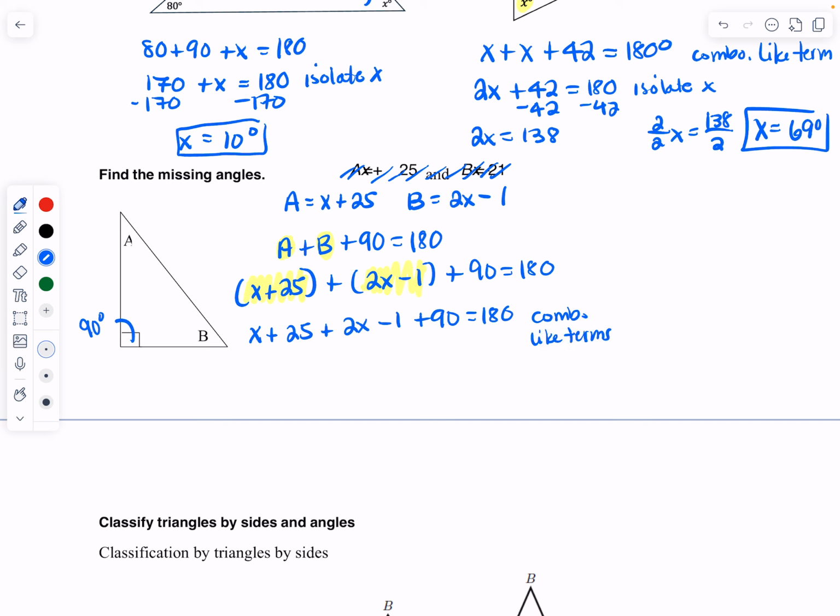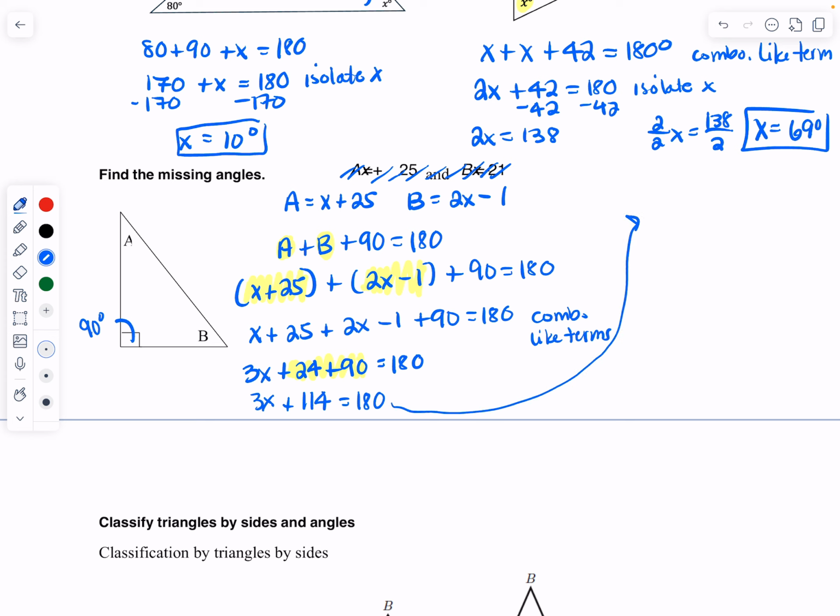Okay, x plus 2x is 3x. And now 25 minus 1 is plus 24. And then plus 90 here. I'm still working on combining like terms, and since I can add 90 and 24 together, I get 114. So I get 3x plus 114 equals 180.